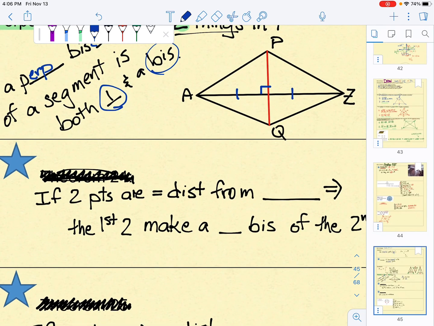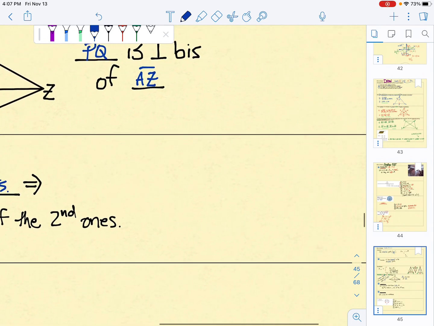Two theorems here. If 2 points are equal distance from 2 points, then the first two make a perpendicular bisector of the second ones.